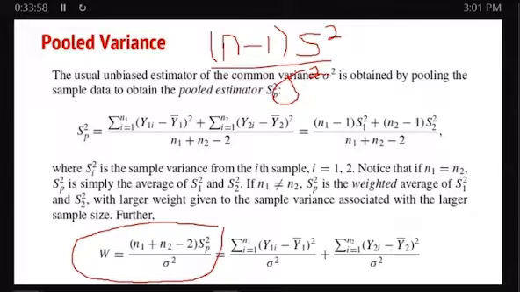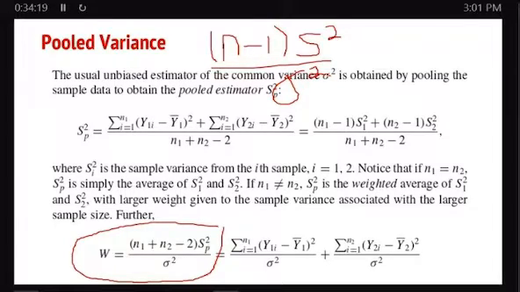Chi-squared is a ratio of sample variance to population variance multiplied by the degrees of freedom. What am I doing here? I'm doing that for two populations. Instead of n minus 1, what am I having? This here is n1 minus 1 plus n2 minus 1.